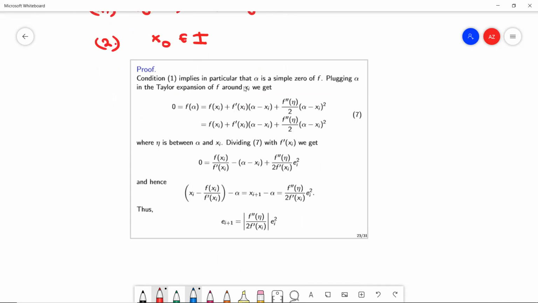So let's say that we have the ith iterate xi, and we express the first Taylor polynomial of f in this point xi.